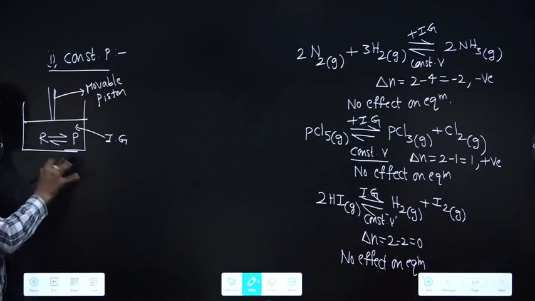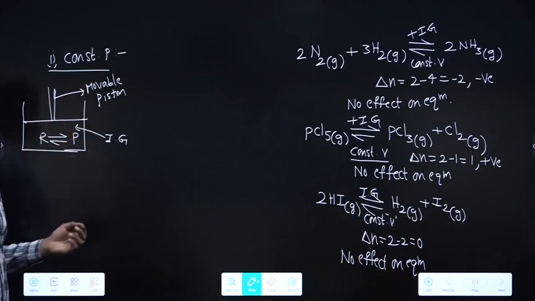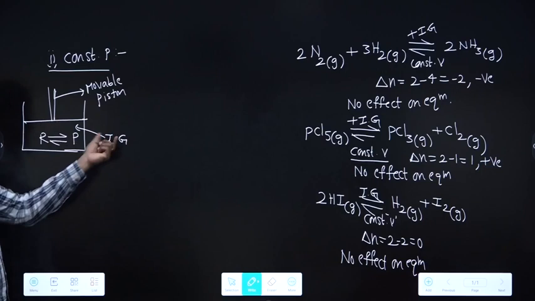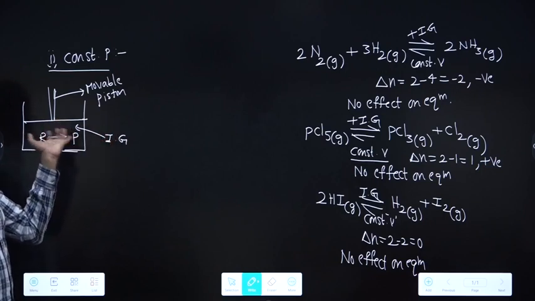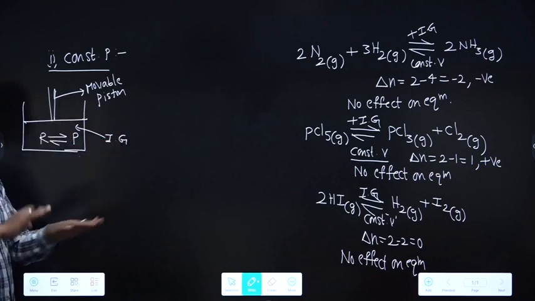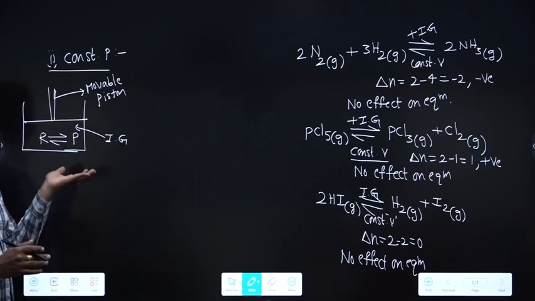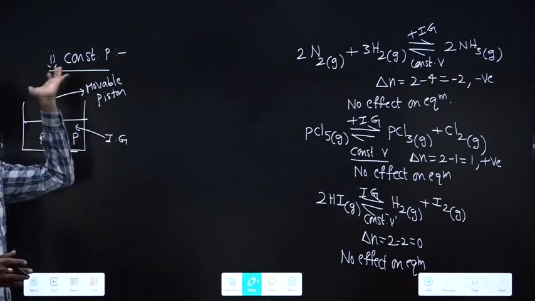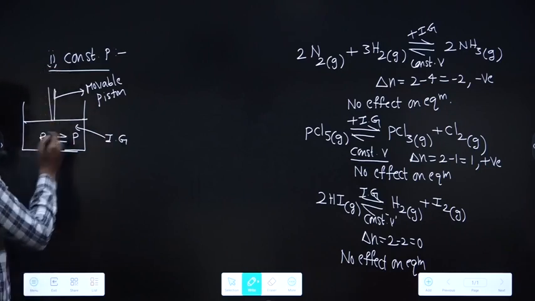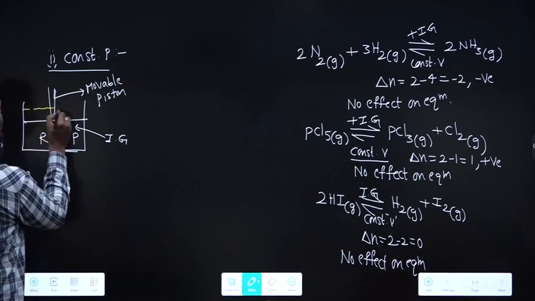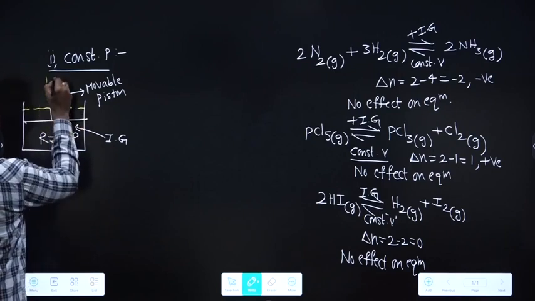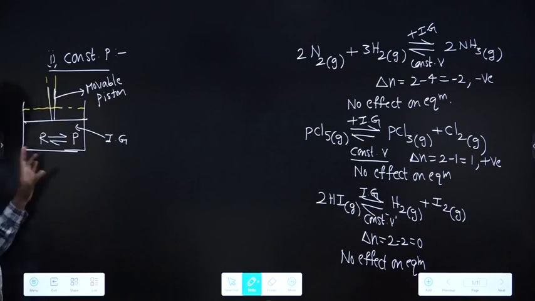Constant pressure. To maintain constant pressure, what happens? Volume increases. It undergoes expansion.